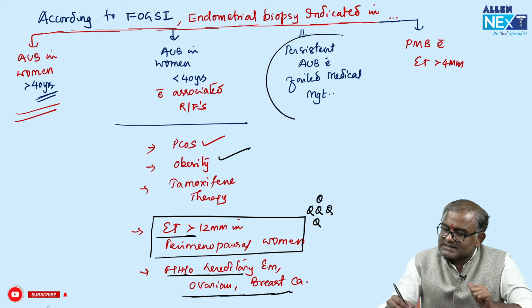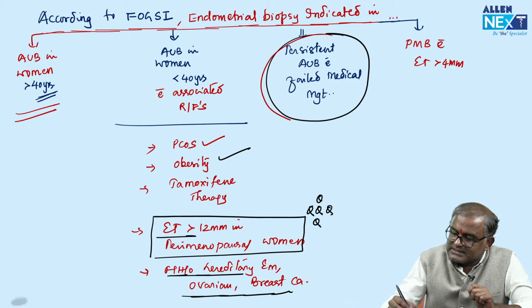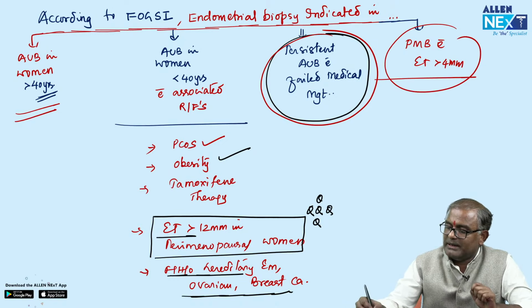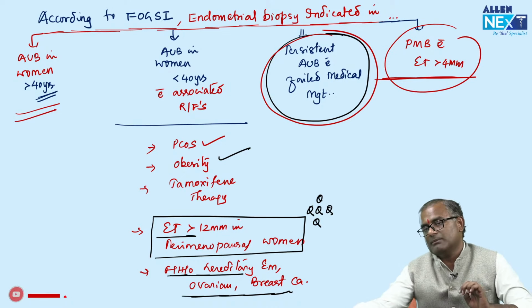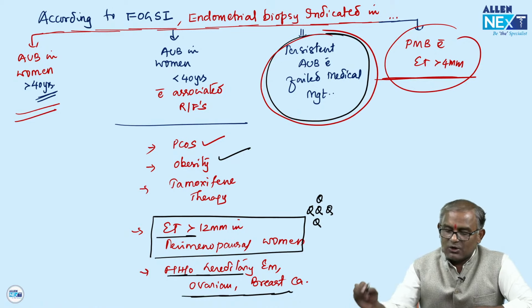And doctor, persistent AUB with failed medical management, and post-menopausal bleeding with endometrial thickness more than 4 mm. These are all the indications.